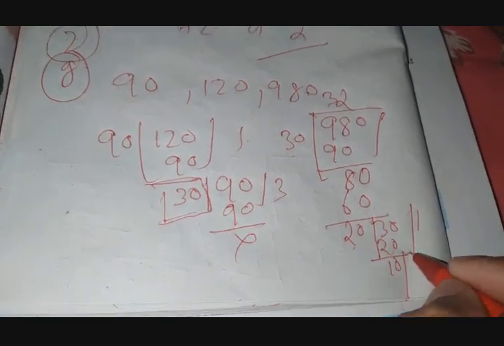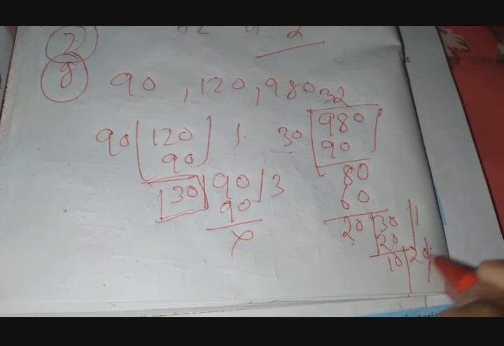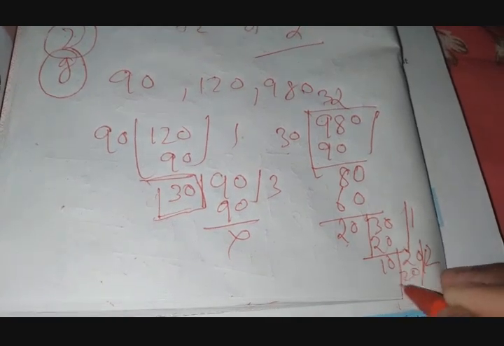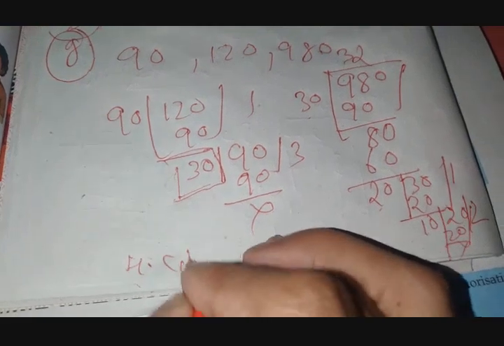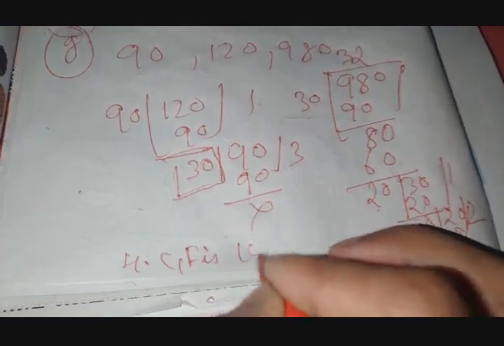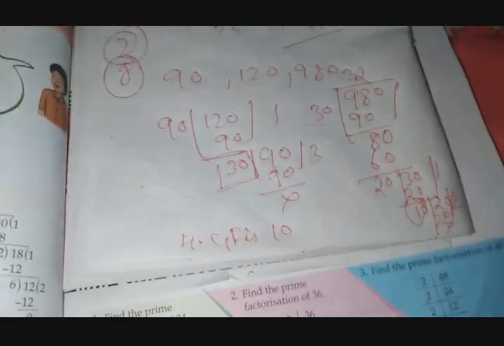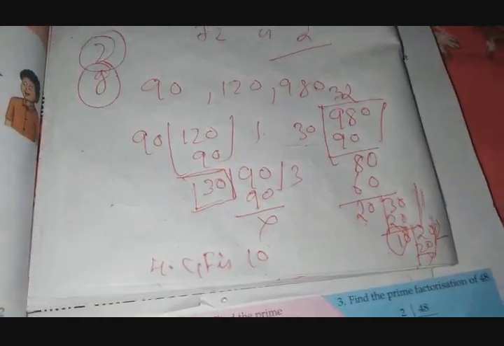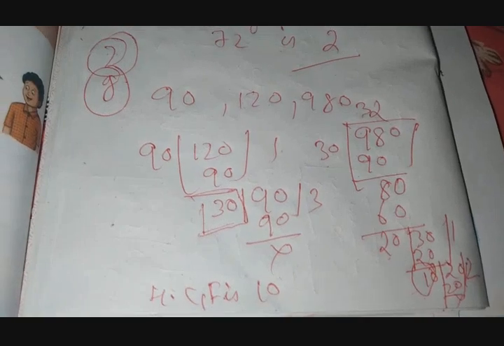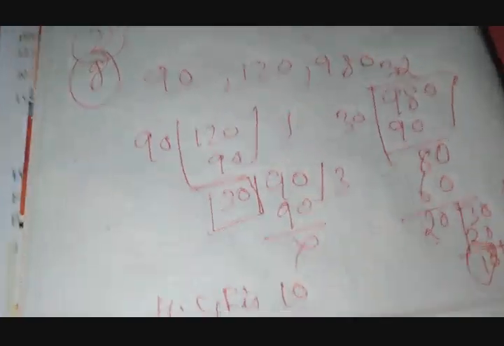And now we do 20 here, and 10 2 times is 20. So our answer is 10. So our HCF is 10 here, since 10 divides all the numbers equally. So easily, our answer is 10 as the HCF by the long division method.